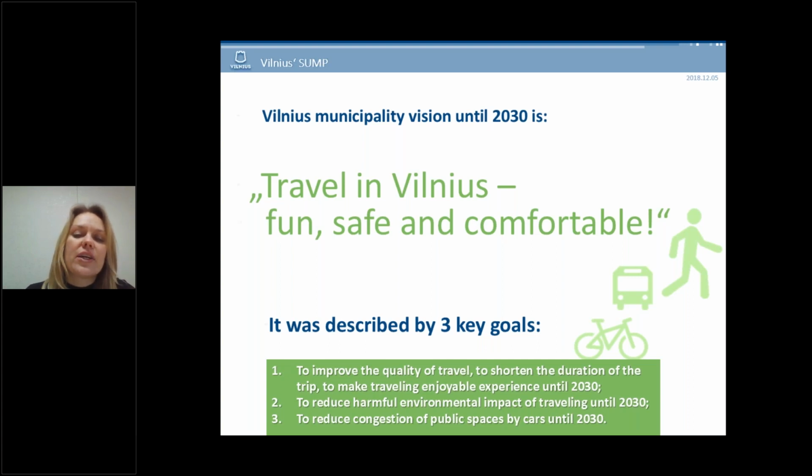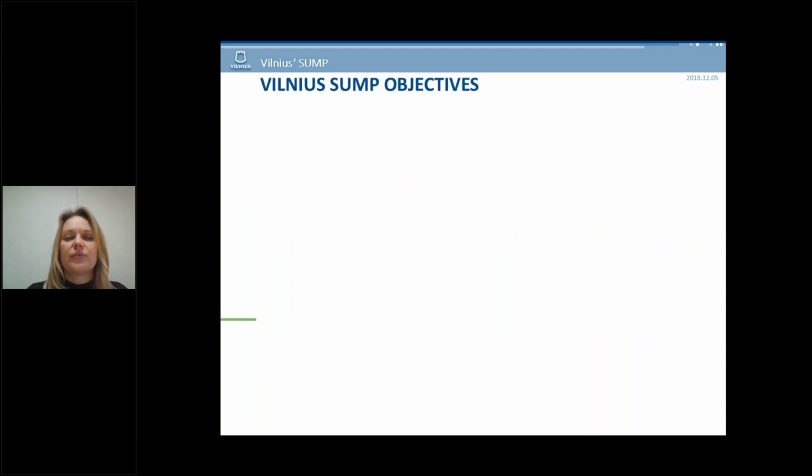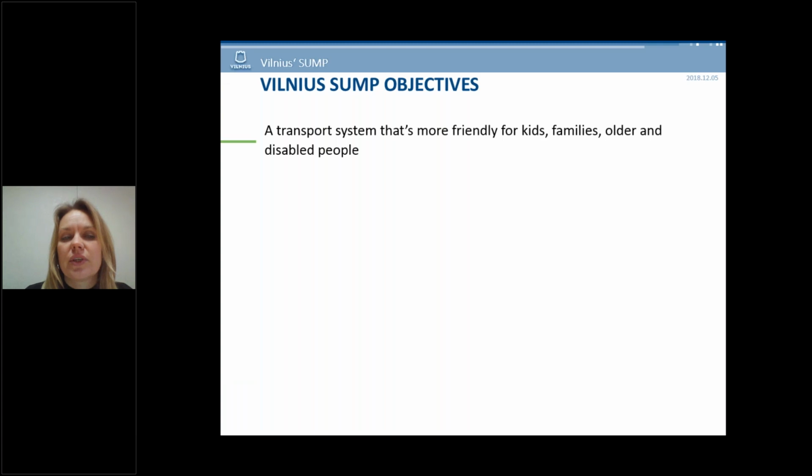The mayor, the cabinet of the mayor, some other politicians and a working group were really working on formulating this vision and describing it with key goals and with real objectives to achieve.